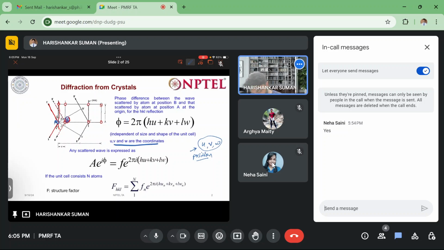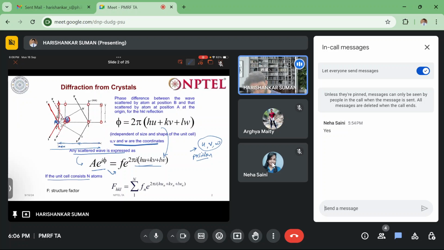This is the length x, and this is the total lattice side, let's say a. So a scattered wave is expressed like that: a e to the power i phi. Here we consider f, the atomic structure factor, e to the power 2 pi i, and this is the phi.